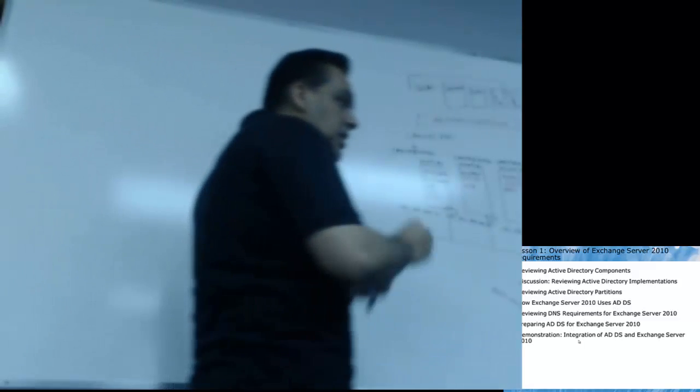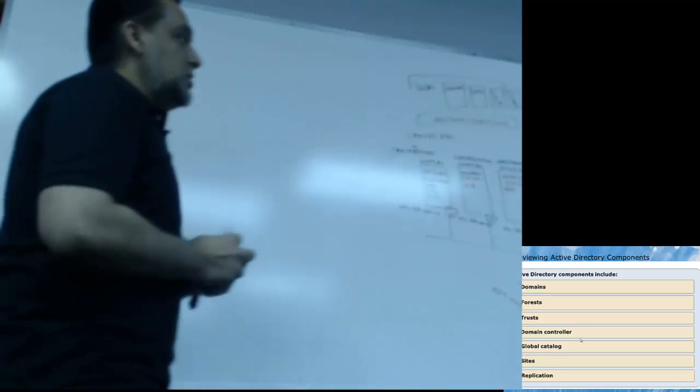The first thing we need to jump into while understanding Exchange is understanding Active Directory. All of these things written on this slide, I think we're already introduced to this. I'm quickly going to overview this information because this is required for Exchange.